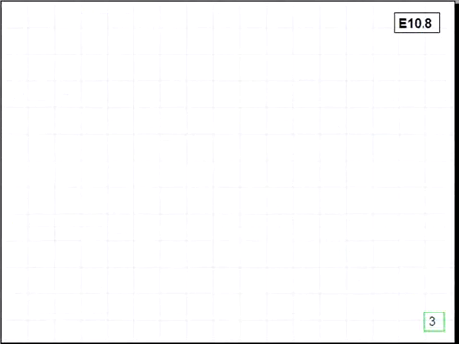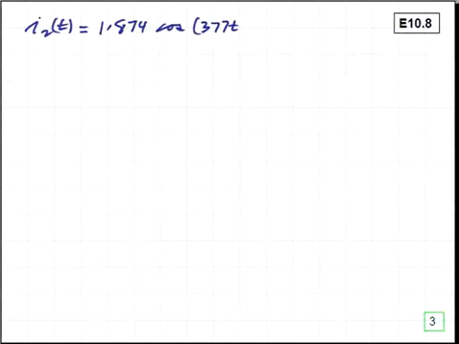Now we can look at the I2 of t time function, and this will be equal to 1.874 cosine of 377t minus 98.66 degrees. The 98.66 degrees corresponds to 1.722 radians.